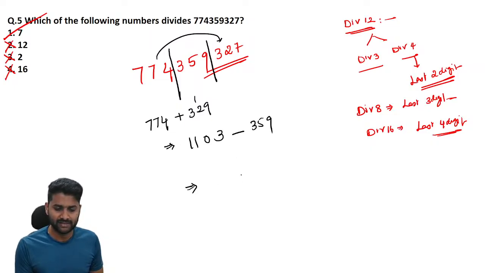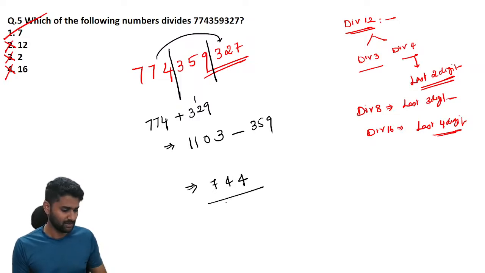So 13 minus 9 is 4 units, 9 minus 5 is also 4, and 10 minus 3 is 7. Just check it out, 744. Here, see, just divided into 3 sets. That's an important point. Divided into 3 sets. Now you have to add 774 and 329. Now the value becomes 1103, and you have to subtract 359. Clear?